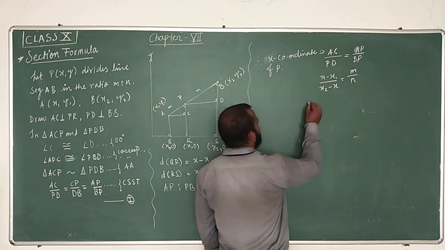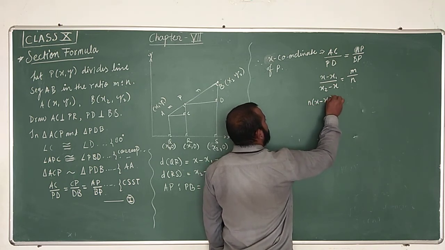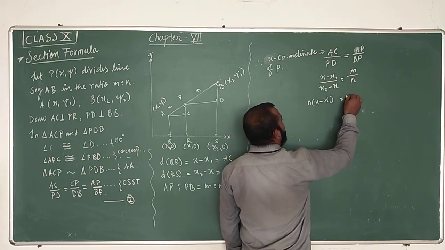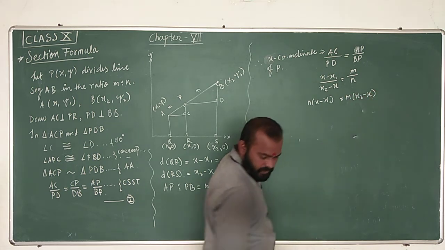Now let's cross multiply them. m in bracket x minus x1 is equals to n in bracket x2 minus x, right?